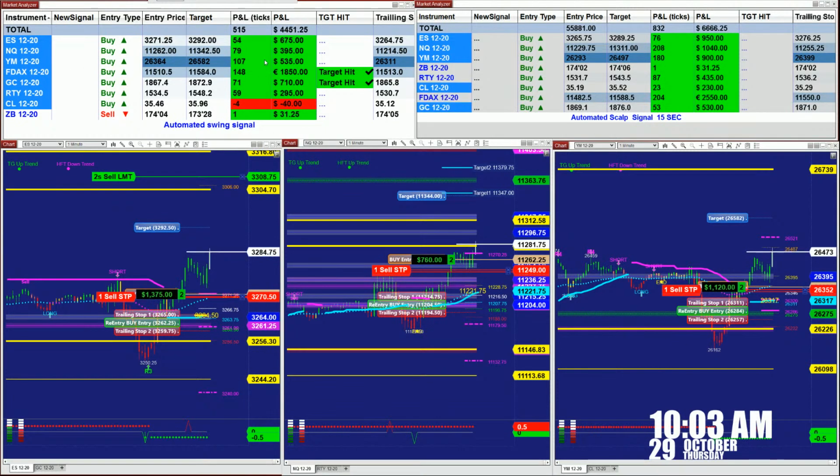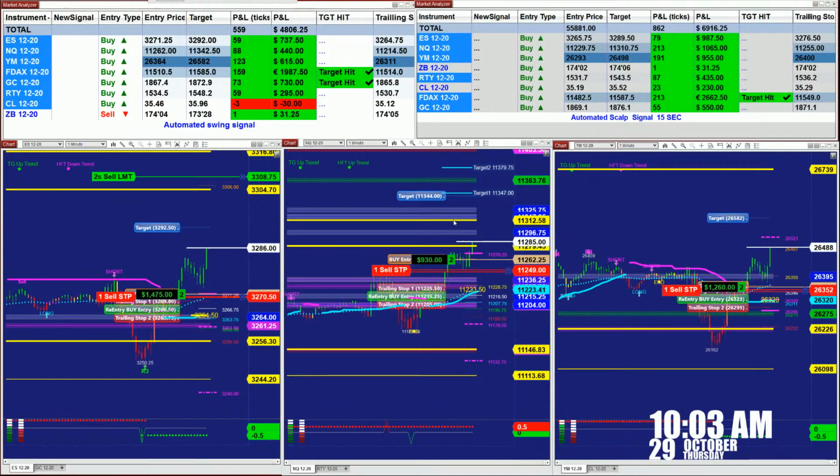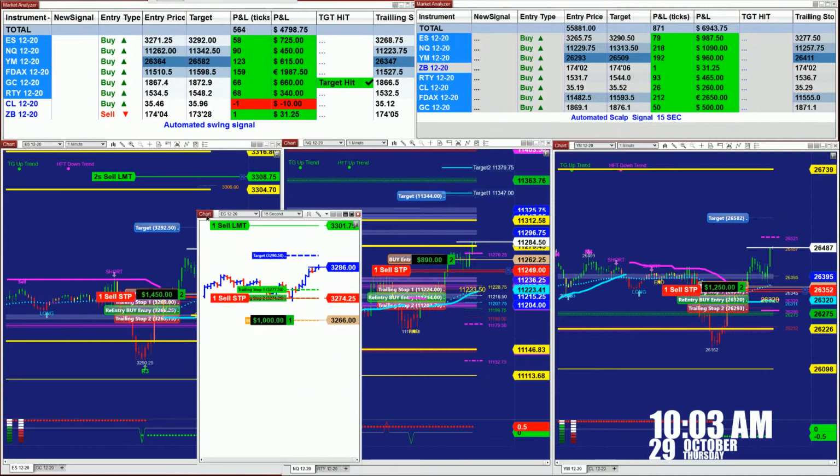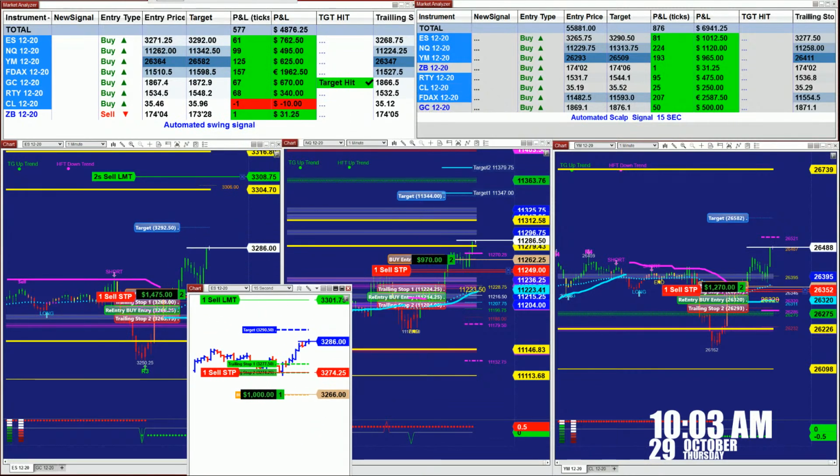On the left upper corner is the market analyzer, which is based on 1 minute, and this is the automated signal. Trading is on the blue chart. On the right upper corner is the scalper, and on the scalper we use a white chart.